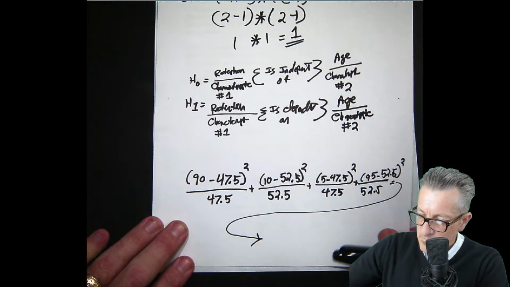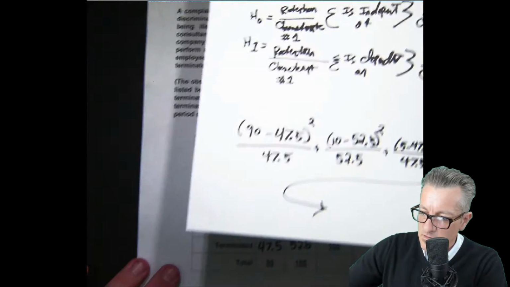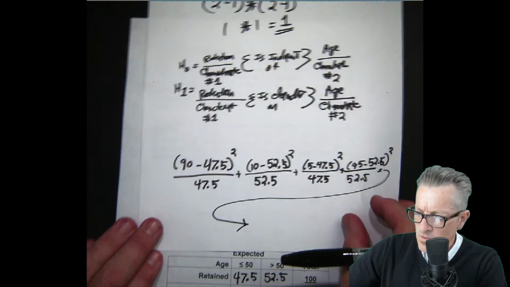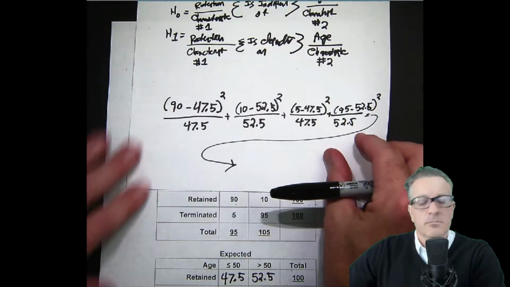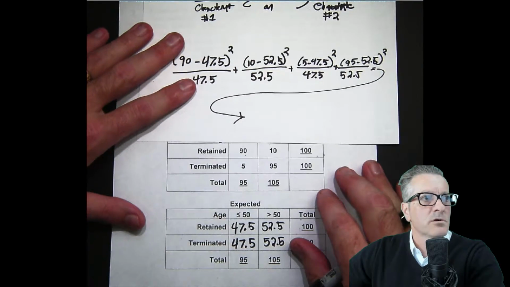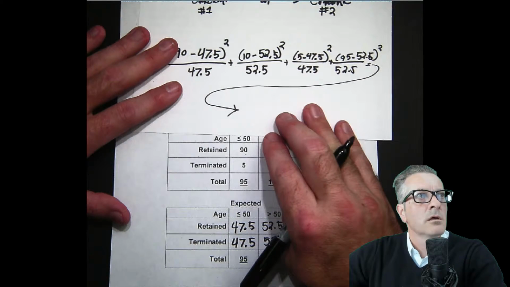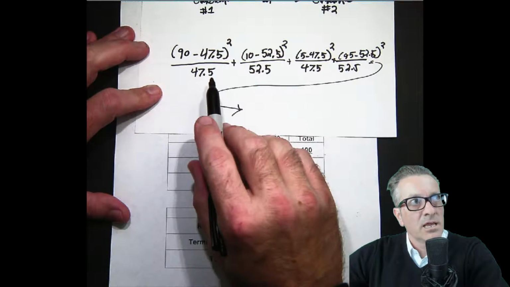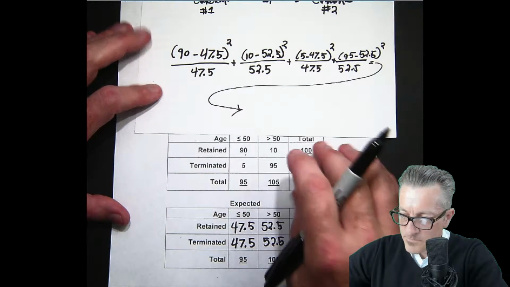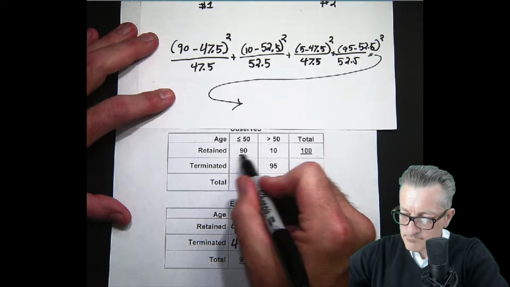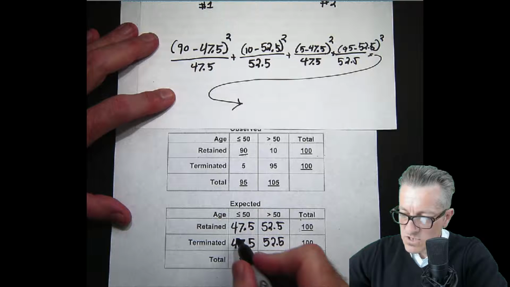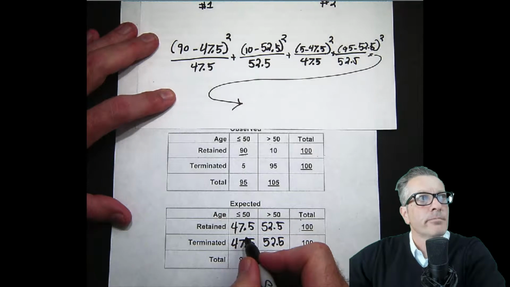Okay. So let's take a look at the columns. Let's see. So the first one, make sure I'm on the screen. So for the first one, 90 subtract 47.5.